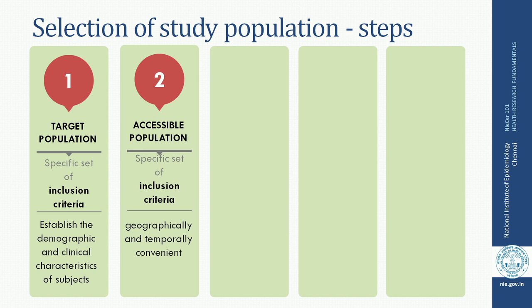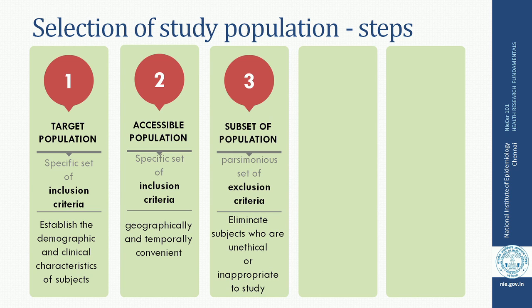Second, the accessible population is again defined by a specific set of inclusion criteria, as said, by geographical and temporal characteristics. And the third step is deriving a subset of this accessible population by excluding subjects through exclusion criteria, because we are eliminating the subjects who are unethical and also inappropriate to the study.